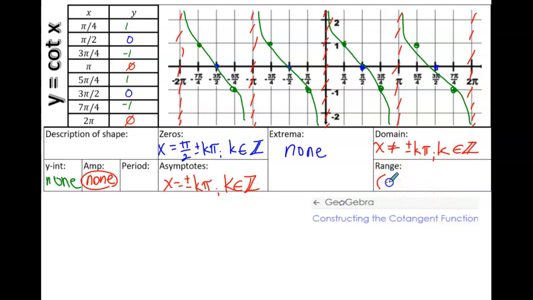The range, just like the tangent function, is all real numbers, and the period, just like the tangent function, is pi units. Description of the shape, this is just like the tangent, a vertical wiggle between the asymptotes, but the vertical wiggle in cotangent is a decreasing function, where in tangent it was an increasing function.